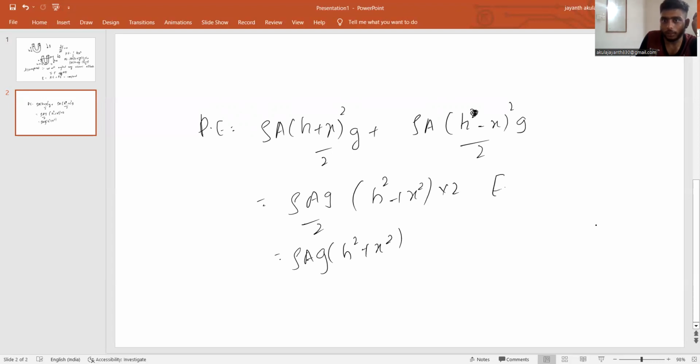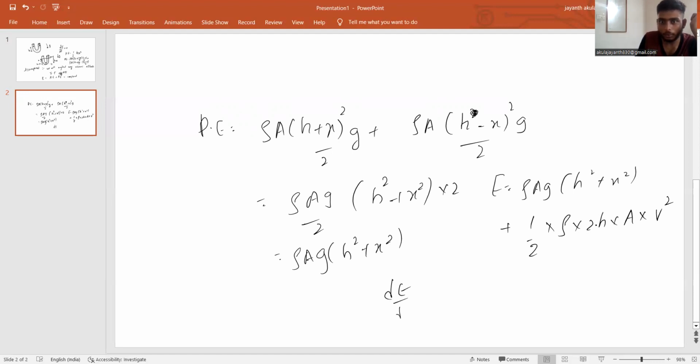So what is the total energy? Rho A g into (h square plus x square) plus half into, what's the mass? Rho into 2h into A into v square. So dE by dt is 0.